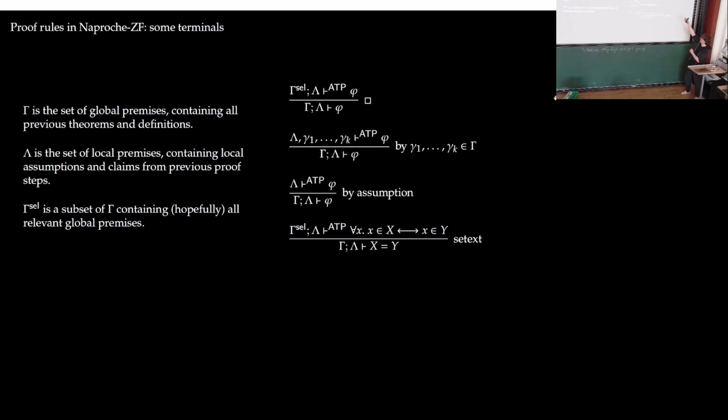And then the degenerate case of using specific premises explicitly is by assumption. So let's say we have an assumption A in the theorem statement, and we just showed A implies B in a previous proof step, then we can just say, well, by assumption, and the ATP is able to figure this out. And then there are some special terminal proof steps, like saying, oh, this just follows immediately from set extensionality.